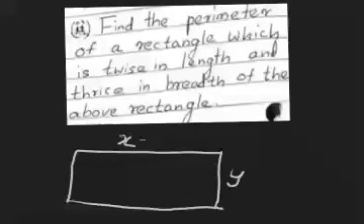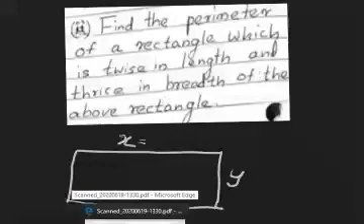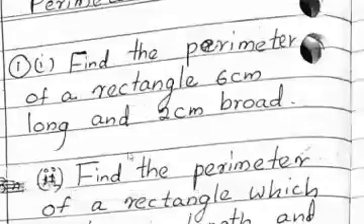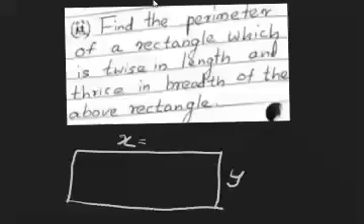Go through them. Find the perimeter of a rectangle which is twice in length and thrice in breadth of the previous rectangle. What is the length of the previous rectangle? 6 centimeters. Then this should be twice 6 centimeters, so you can write 2 into 6, 12 centimeters.